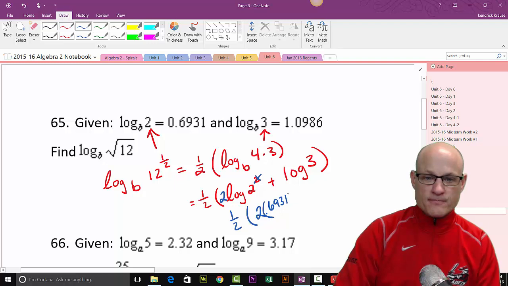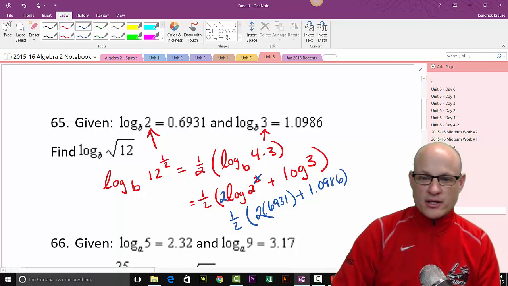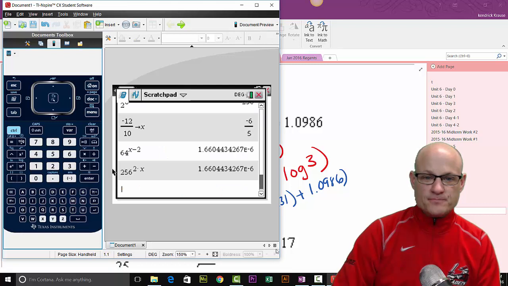So I get 1/2 times 2 times log of 2, which is 0.6931, plus the log of 3, which is 1.0986. Head's probably in the way for that one.